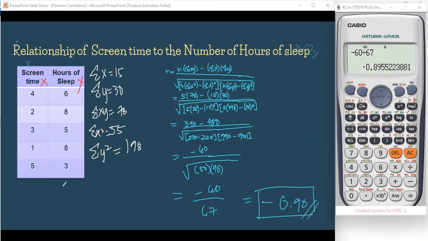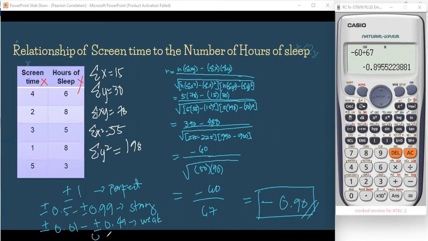So, di ba po, meron tayo kaninang table of interpretation. So, we have positive, negative 1 for perfect. We have positive, negative 0.50 to 0.99 strong, and positive, negative 0.01 to 0.49 weak, and 0 as our no correlation.